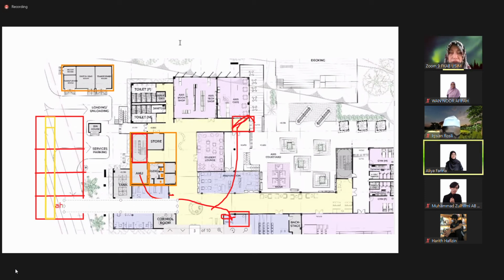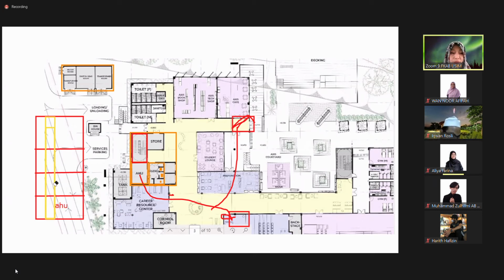Tetapi kalau misalnya, dia ada sebab juga. If let's say your AHU, because of the constraint of the design, AHU dekat sini. Because of the really constraint on the floor, you say that alamak, dah tak ada tempat langsung at the second floor area. Dia boleh alternate. No. Sorry, yang boleh alternate tu adalah VRV.